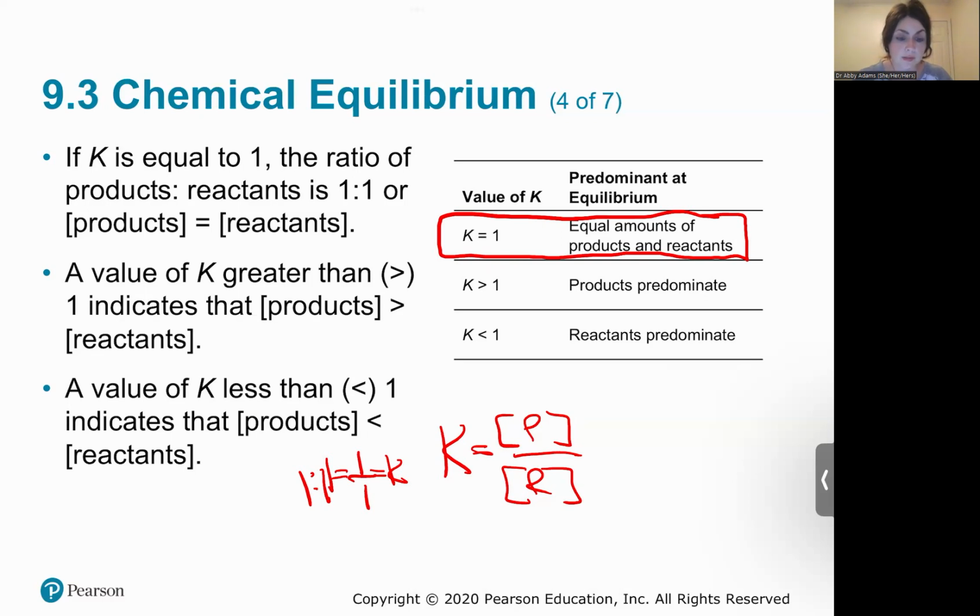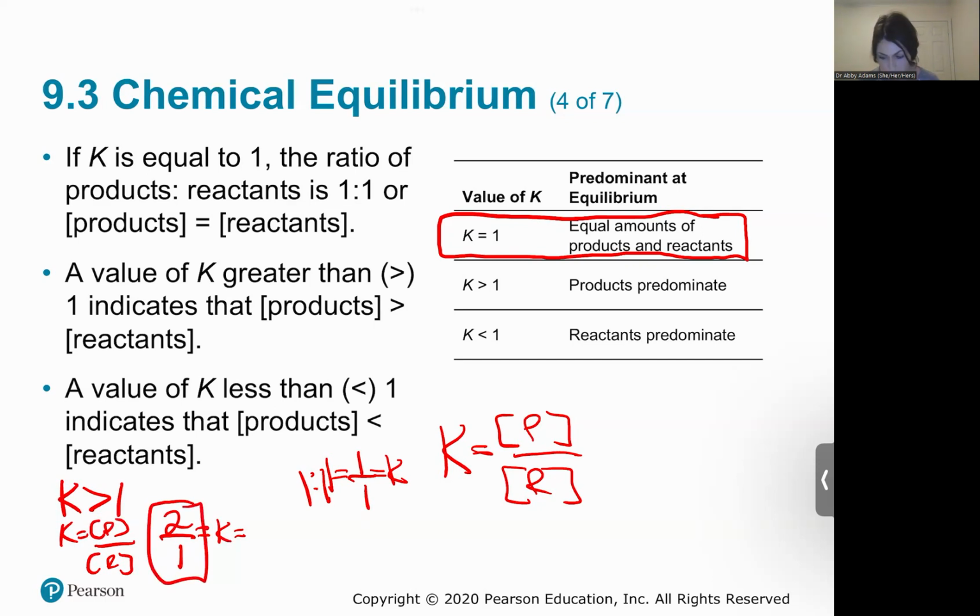Then if you have a K that is greater than 1, that indicates that there are more products than reactants. Because if you have K is equal to concentration of products over concentration of reactants at equilibrium, then if you have, let's say, 2 for your products over 1, your ratio is 2 to 1.